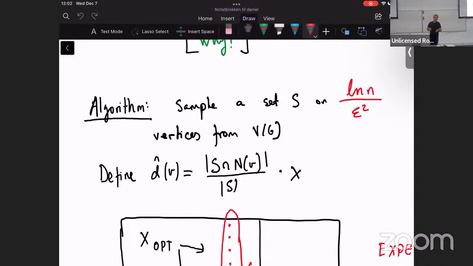So with small but not crazy small probability, I'm actually sampling S entirely from within my optimum solution. And now I'm just going to assume that that good event happened, and I'm going to condition everything on the sample being sampled from opt. Once I condition on S being a subset of X opt, S is now being sampled uniformly at random from the optimum solution, which I don't know.